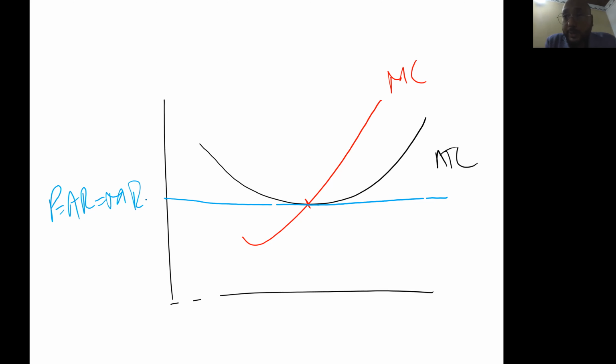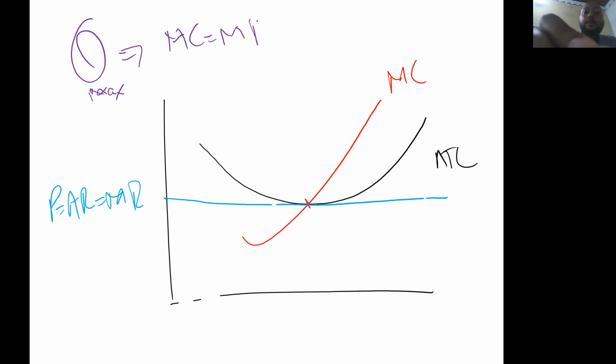So where do we need to produce? What is the condition? Produce where MC is equal to MR. So MC is equal to MR is at which point?